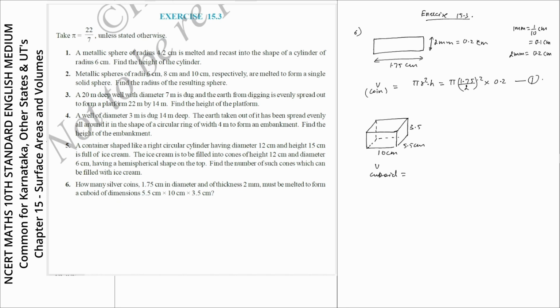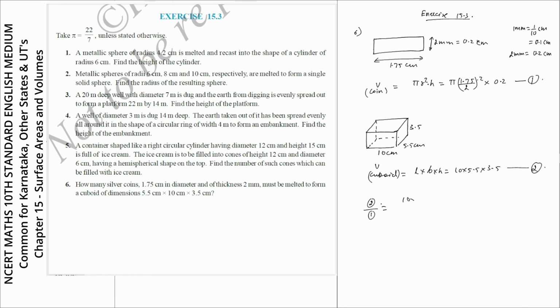Volume of cuboid is given by length into breadth into height, which is equal to 10 into 5.5 into 3.5. This I'll mark as 2. Now if I divide 2 by 1, I'll get the number of coins.